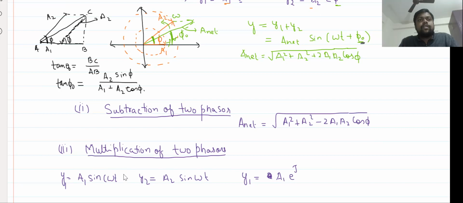So better we will write here phi 1 and here phi 2. y2 you can write A2 e to the power j into phi 2.